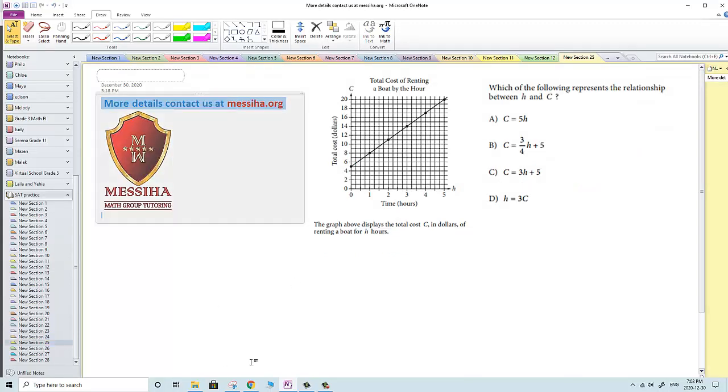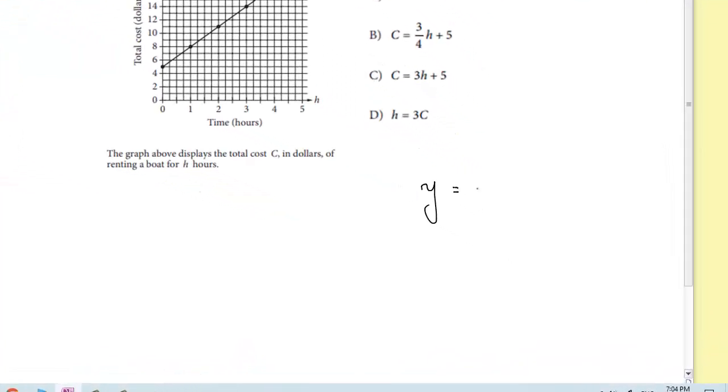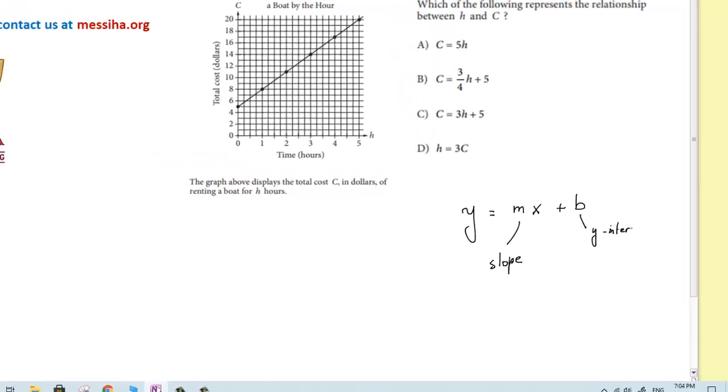Now, if I go to the continuation of this question, it's saying which of the following represents the relation between H and C. This reminds us of the linear equation, y equals mx plus b, where m is the slope and b is the y-intercept.